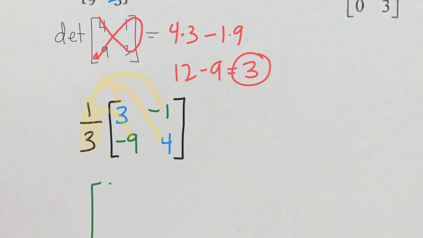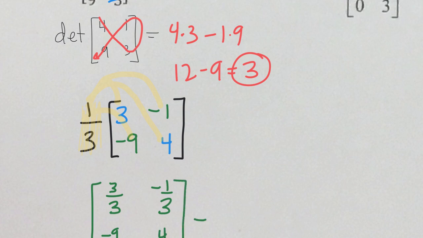So let's see, this is 3/3, negative 1/3, negative 9/3, and positive 4/3. Okay, so you don't have to show this green step here. You can go straight to doing the simplification.